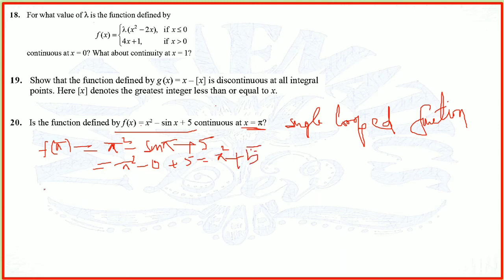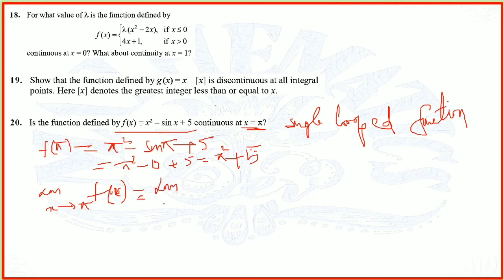Then limit x tends to pi. This is the first method of first type questions. For f of x, there is no change, the function is not turning, so we are not using the left hand limit and right hand limit method.